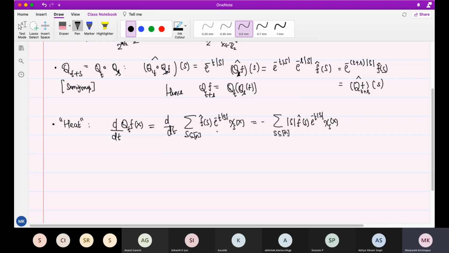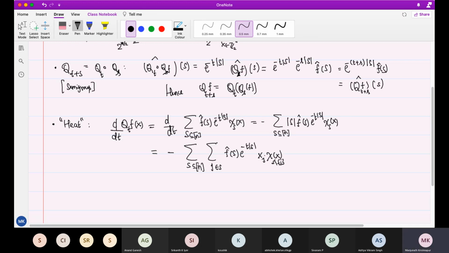So, it's almost like the formula for Q_t, except that there is a cardinality of S. So, let's write it like this: sum over S contained in [n], sum over j that belong to S of f hat of S e to the minus t mod S, and I will write it as x_j times chi_{S minus j} of x.